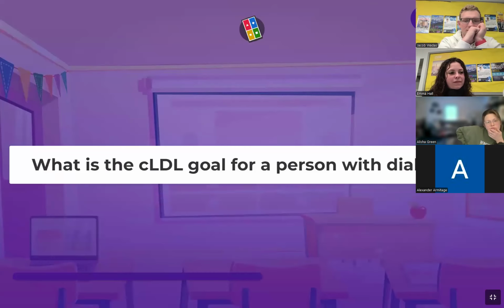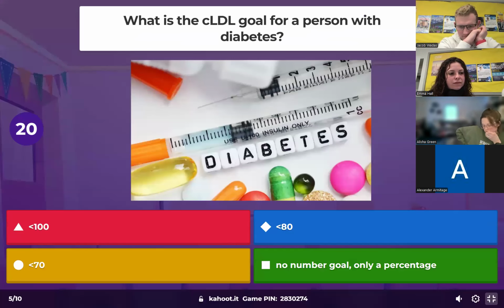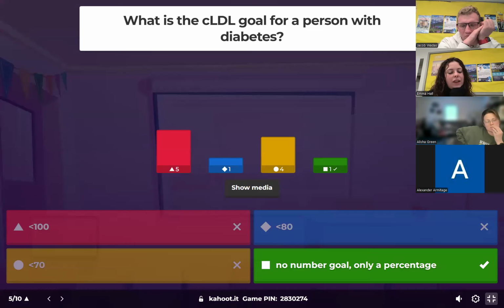What is the LDL goal for a person with diabetes? This is a very weirdly worded question. They're referring to the risk score here.